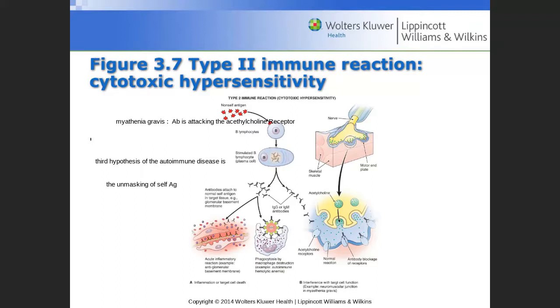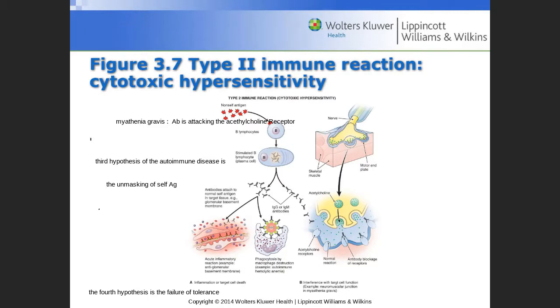All right, and then the fourth hypothesis I'm going to write here is known as the failure of tolerance. I'll come back to this later, but to make the story complete, now you know the four hypotheses.